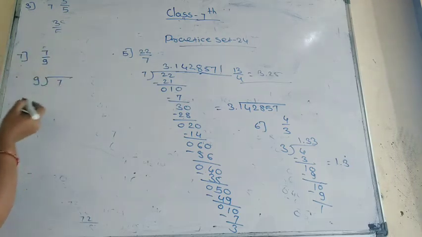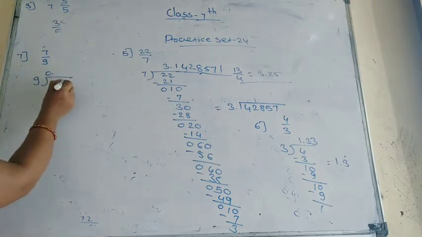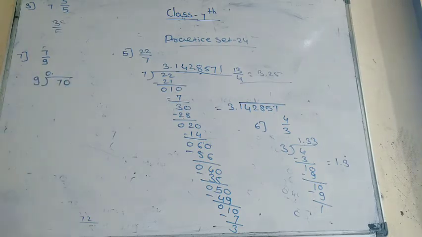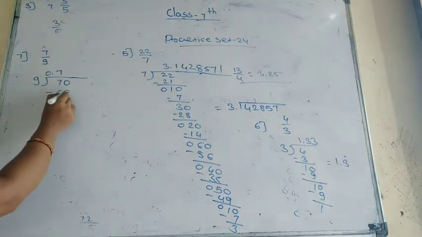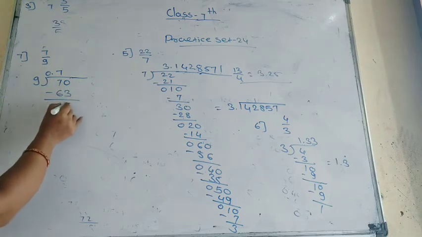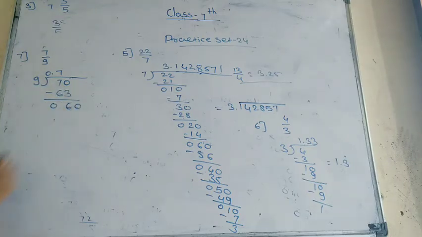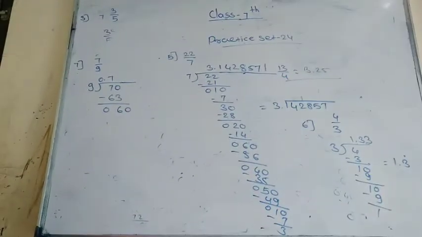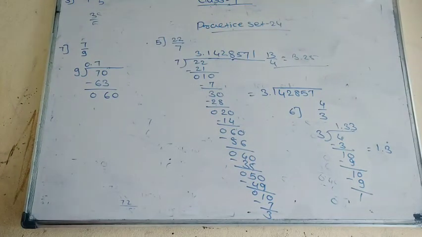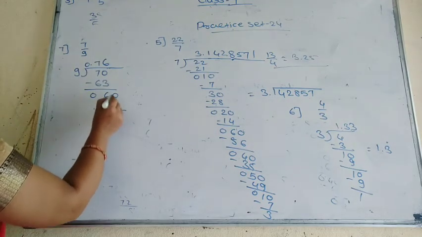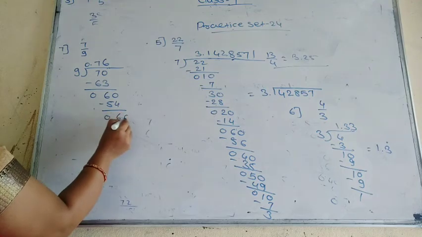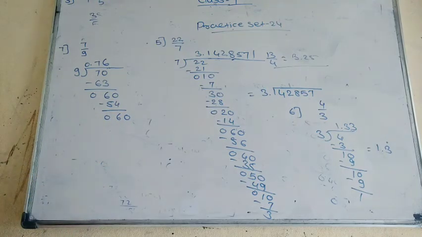See here, this 7 is a small number, so you write 0 point, then you take 10. 9 times 7 is 63. Then here 10 minus 3, 7. Then you take 10. Again 9 times 6 is 54. Then here 10 minus 4, 6. Again you take 10 here. Then 9 times 6 is 54.